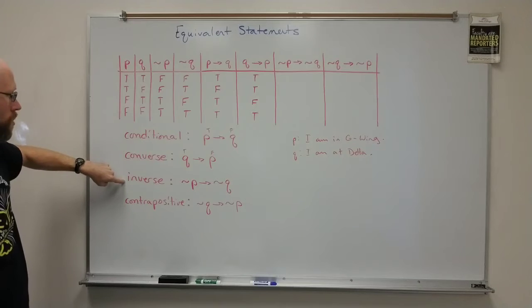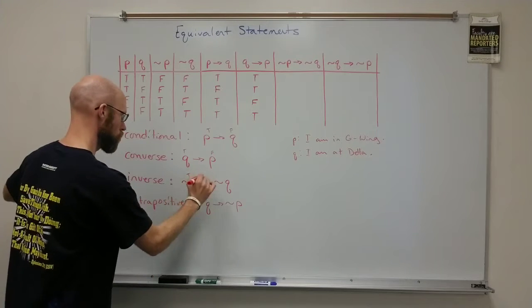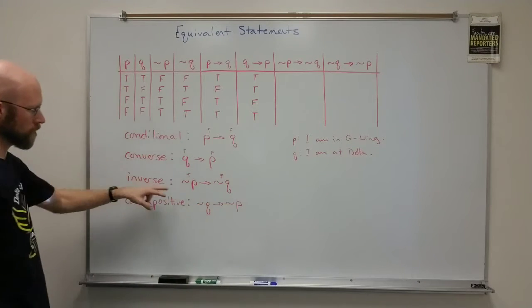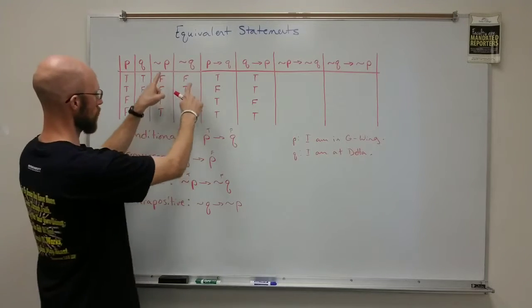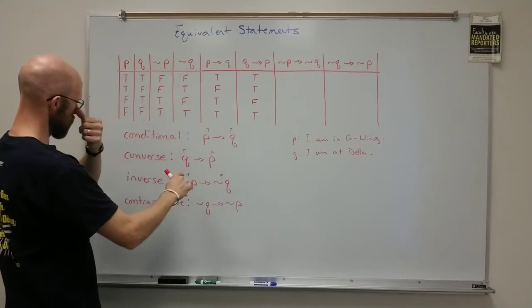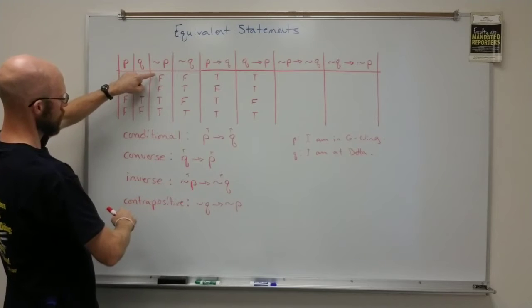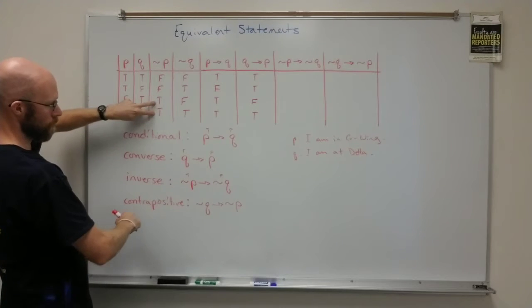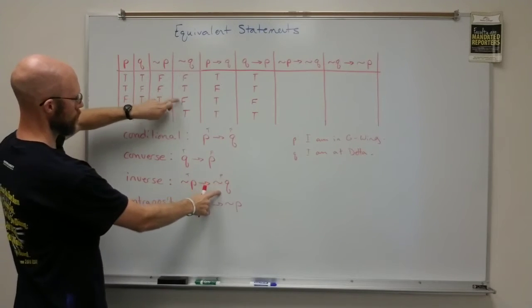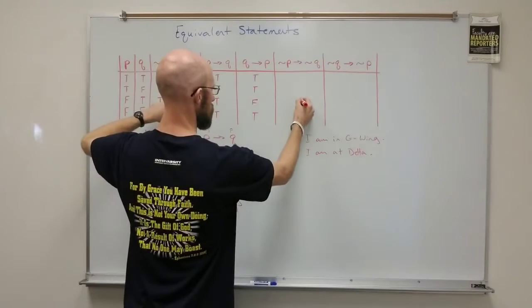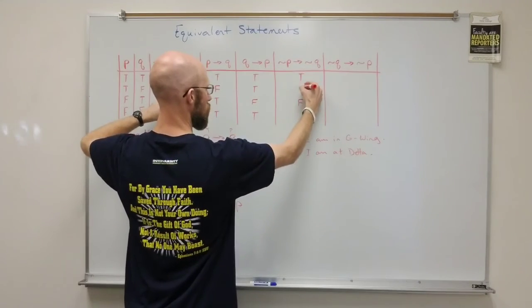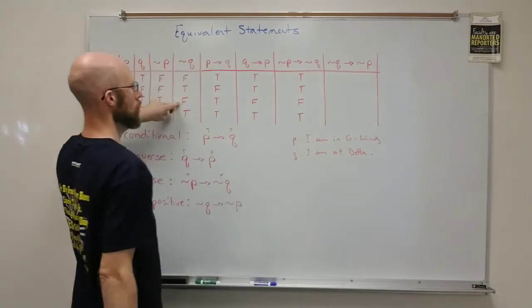The inverse, again, I need a true antecedent, false consequent, and I'm looking at my negations now. So a true not P occurs in rows 3 and 4. It pairs up with an F here, so that one's false in the third row, and then everything else will be true.